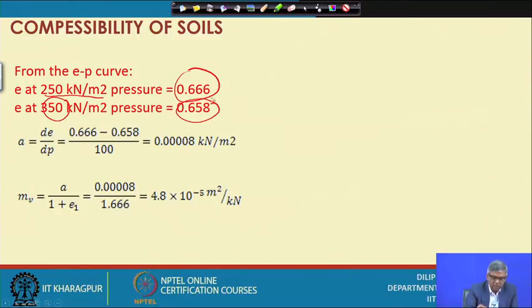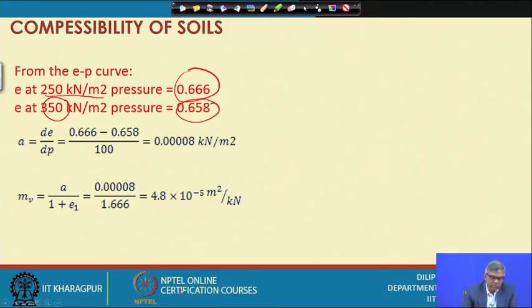So, it decreases, because with the increase of pressure the soil will be compressing, and soil compressing means there will be a reduction in void ratio.